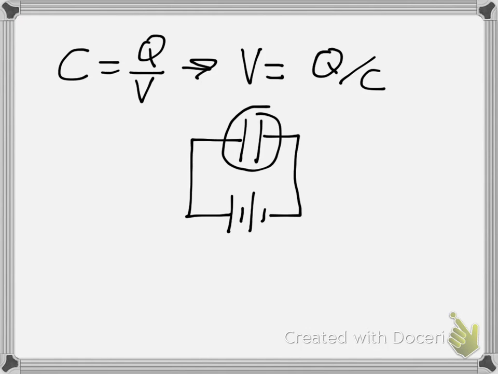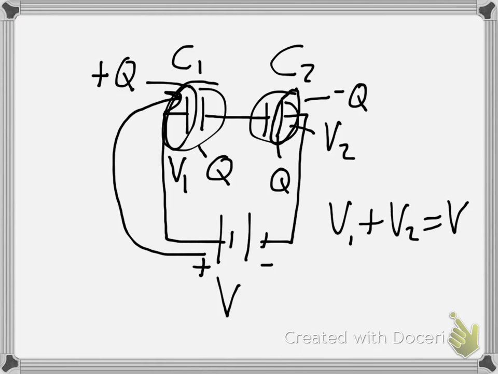And this one capacitor will have a charge of Q, and he will have a total voltage drop of V across him, right? And his capacitance will be C equivalent, but we want to figure out how to calculate that C equivalent. But the way we do that is go back to this equation.